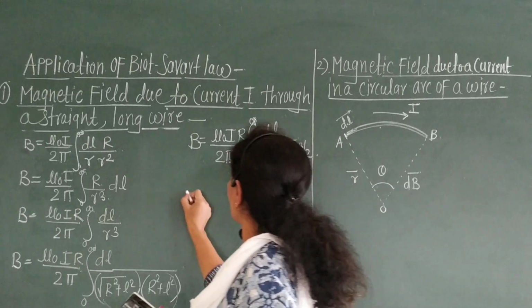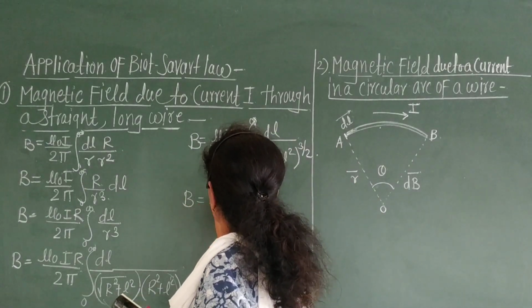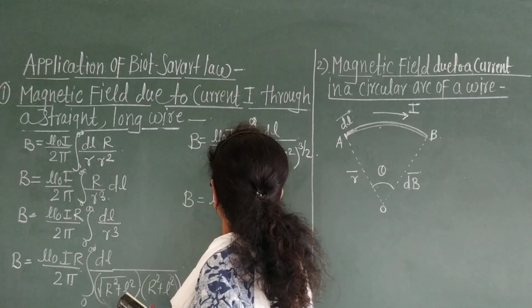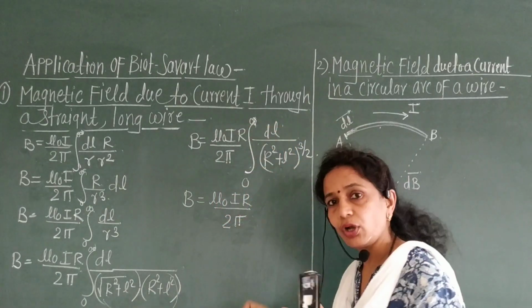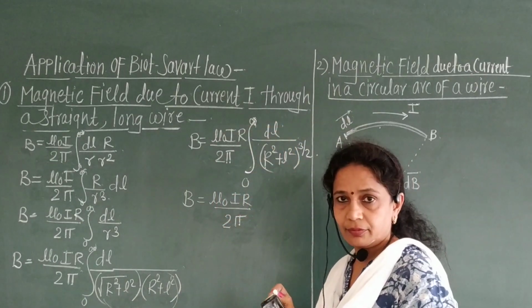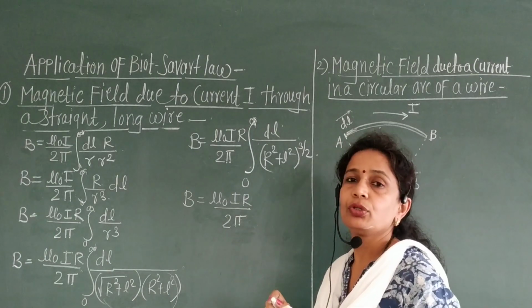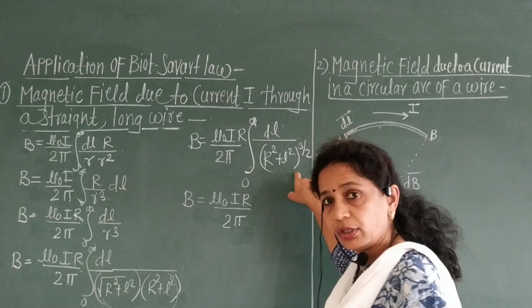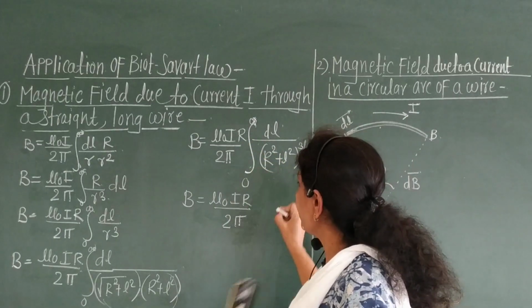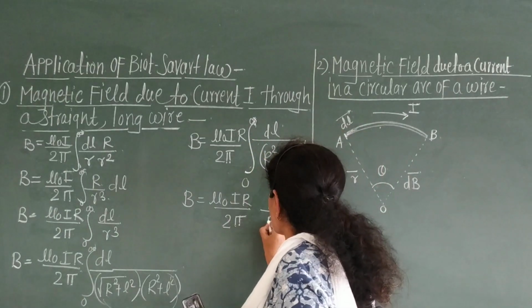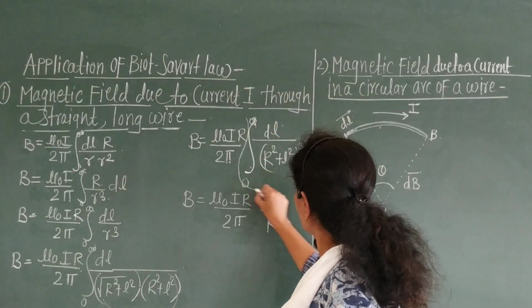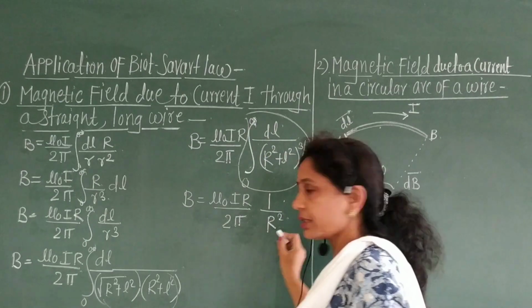Okay. Therefore, B is equal to mu 0 I R upon 2 pi. If you solve this integration, in mathematics you know this very well how to solve integrations, its value is 1 upon R square.